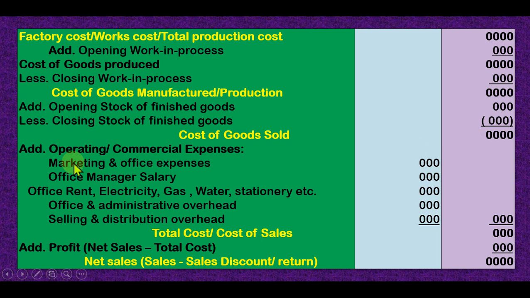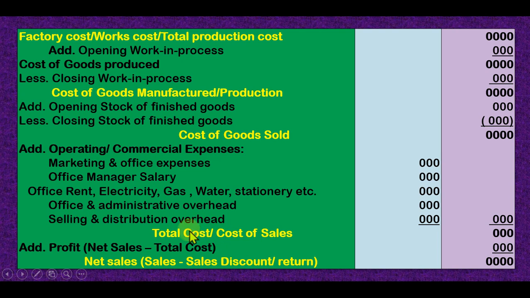Then dear student, we have to add operating or commercial expenses, that means marketing expenses, office manager salary, office rent, electricity, gas, water, office and admin overhead, selling and distribution overhead, all added together, then it will be total cost. That means with the cost of goods sold, if we add operating or commercial expenses, this is total cost.